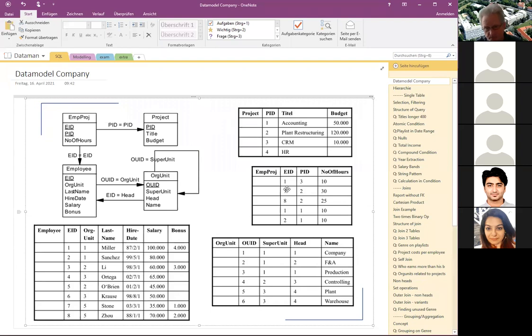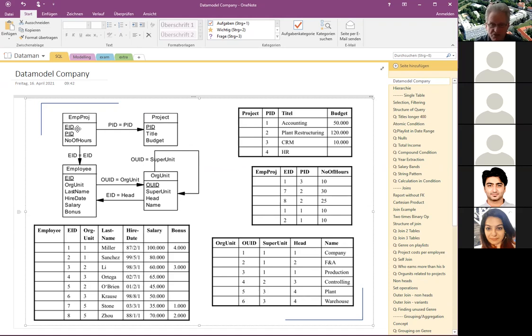And you see, if you look at the tabular structural representation, we see that both columns EID and PID are underlined. And that means that we have a compound primary key. So that's one singular primary key consisting of two parts.